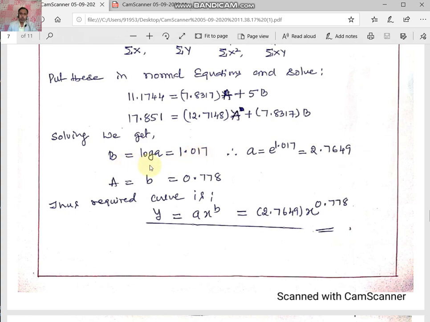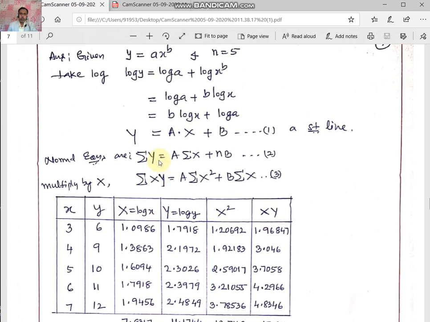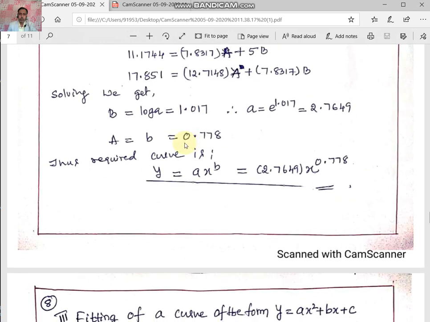Why is B taken as log a? Because you have made a small change here: constant capital B = log a, and constant capital A = b. So that's why capital B is nothing but log a, and its value is this.